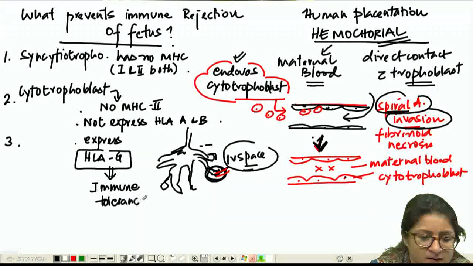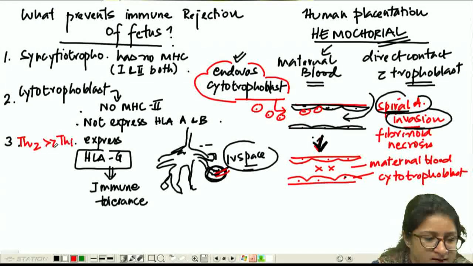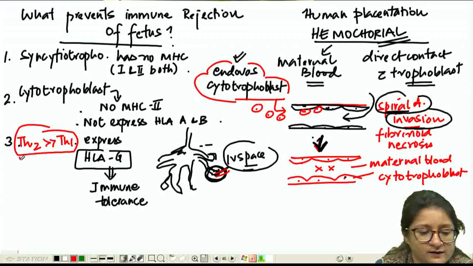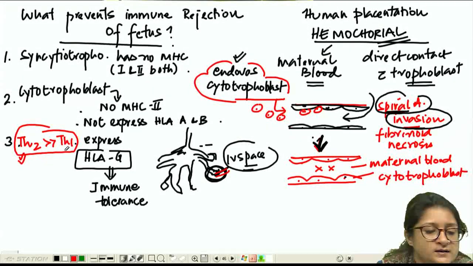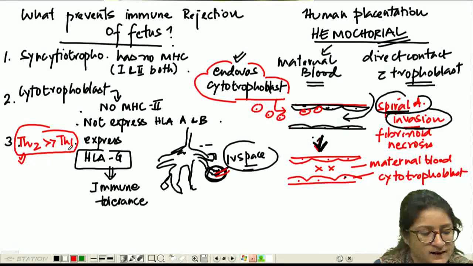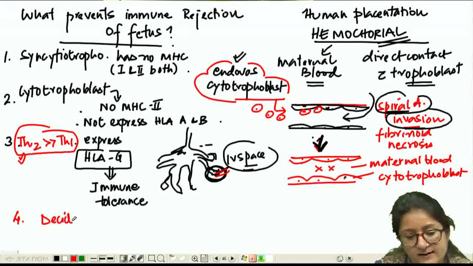Another important factor to prevent immune rejection is that in pregnancy the Th2 response is elevated, a tipping of the immunomodulated state in favor of the Th2 response as compared to the cytotoxic response. And the fourth factor is decidual NK cells.